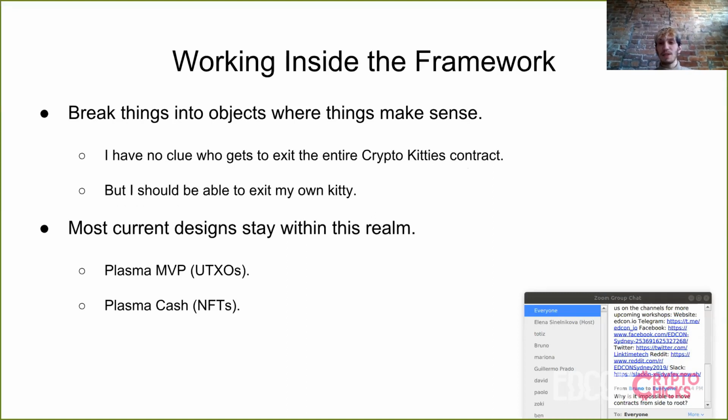And so I'm just going to explain it in a nutshell really quickly, because it's actually a relatively simple concept. Basically, the way that Plasma Cash works is that everything is represented as NFTs, right? Everything is represented as these little tokens, and those tokens can be anything.